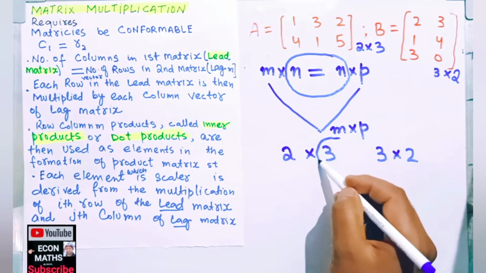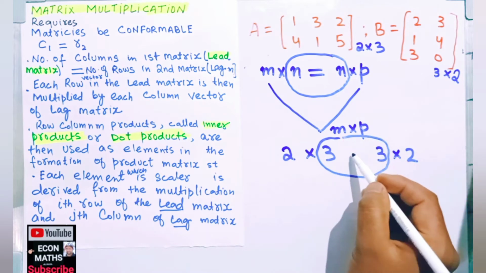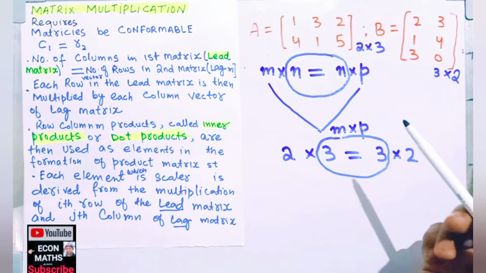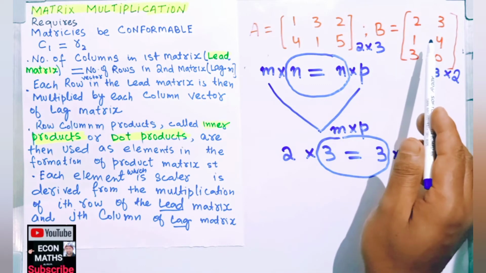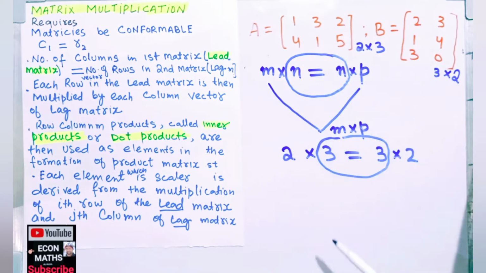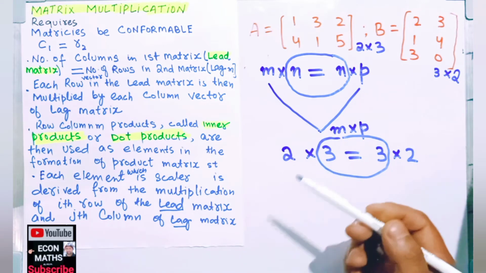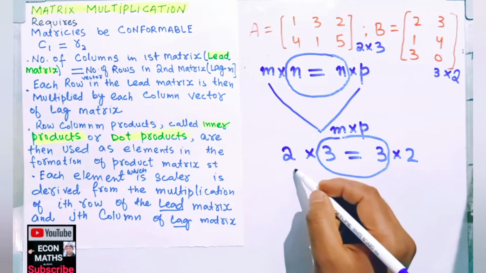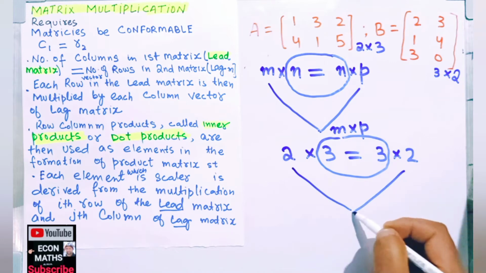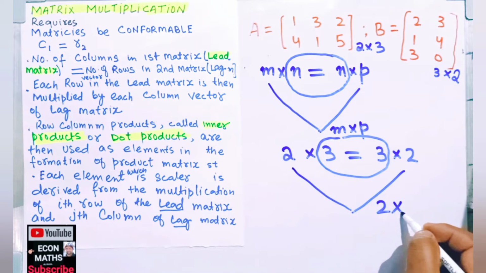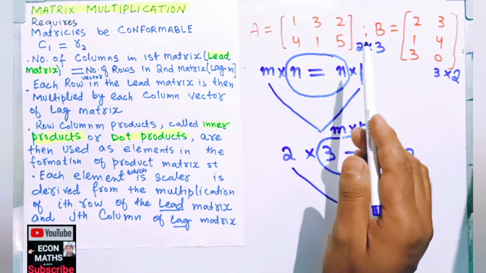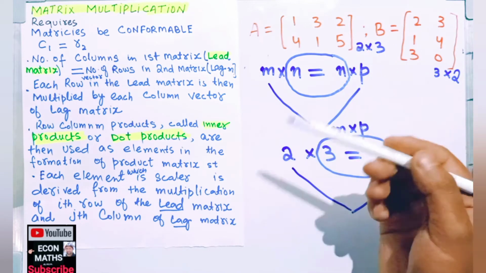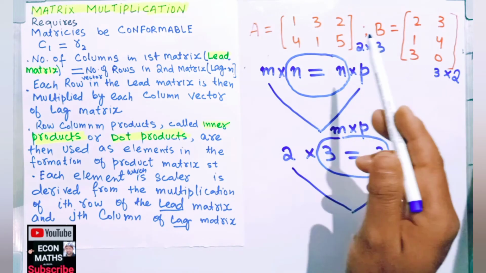Since these two numbers are equal, the two matrices are conformable, and the resulting matrix after multiplication will be of dimension 2 by 2. So this is an example of two matrices which are conformable.